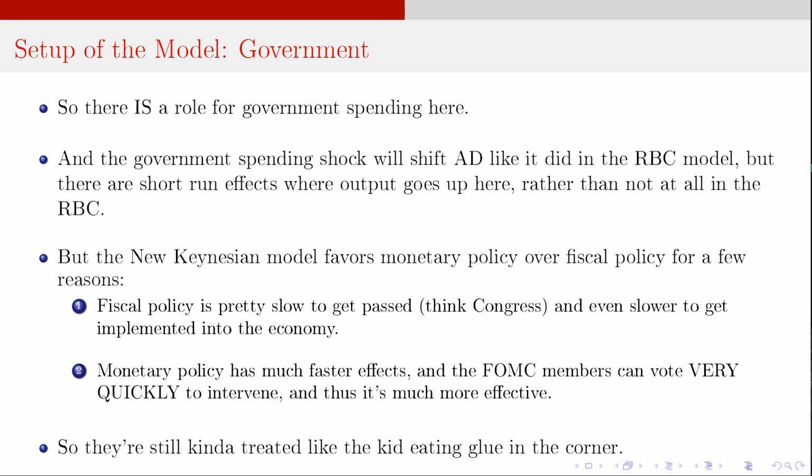Eventually, when incomes fall, aggregate demand is going to shift inward. So even if the source was a supply-side shock, you can still use demand-oriented policy to stimulate stuff, at least in the short run, while you try to get the productive capacity of the supply side back in check. But the government's still kind of treated like the kid that eats glue in the corner.